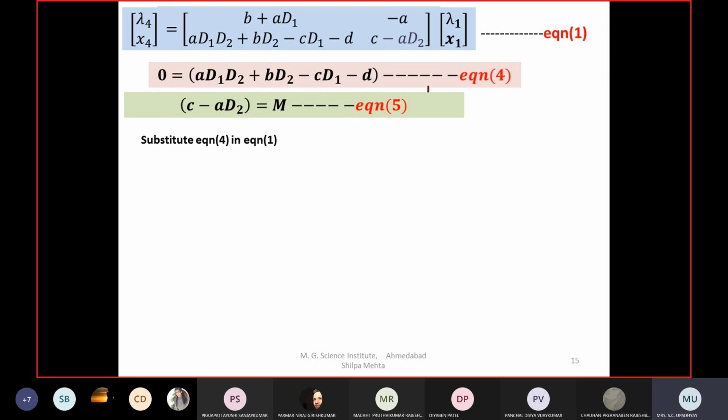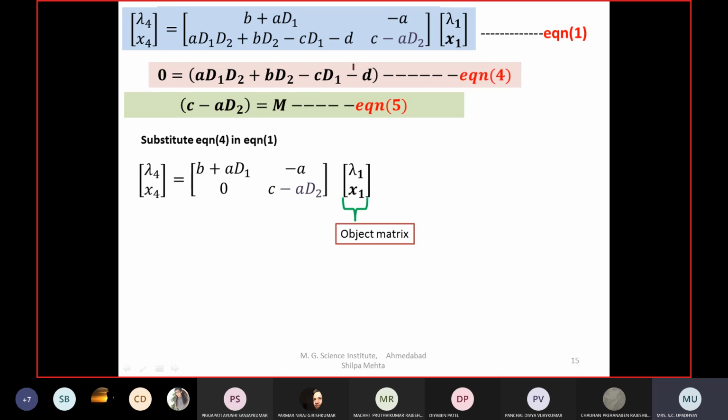Now in equation 1, we can substitute this equation 4. So our system matrix becomes very simple, and therefore it is b plus ad1, minus a, 0, c minus ad2, and lambda 1 x1. So this is our object matrix, this is our image matrix, and then this is our system matrix.